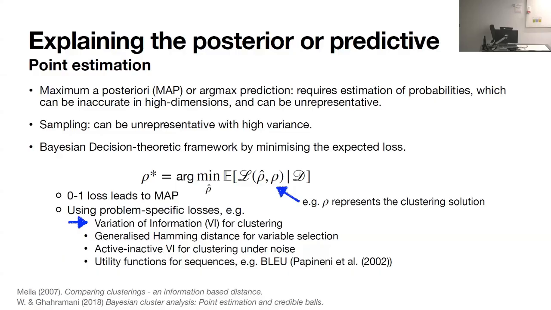For the clustering under noise example, Lily's defined an extension of the variation of information for this noisy setting. And there's also been utility functions, which is just the converse of the loss, do 1 minus it, in the case of sequences. So this is just one example, but there are various other utility functions that have been used in language modeling.